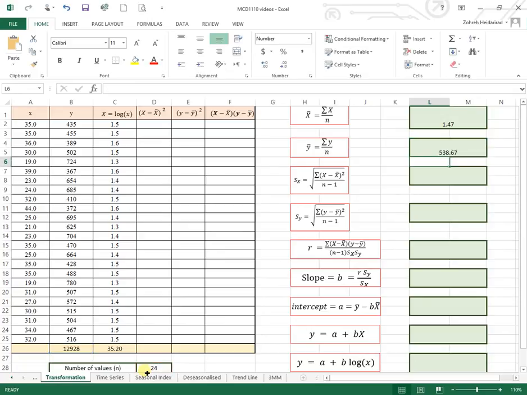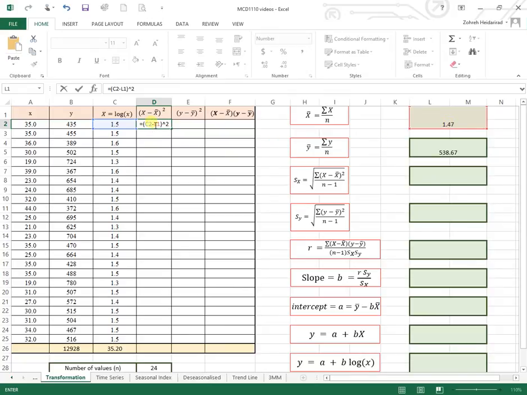Now in order to calculate the standard deviation of x, we need to calculate x minus x bar squared. Just be careful, we only work with capital X values. X value minus x bar to the power of 2.